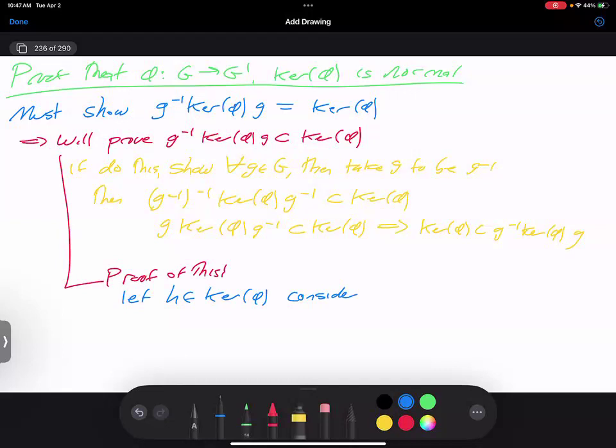Consider g inverse h g. Where do we have to show g inverse h g lives? So where do we want to show it lives? In the kernel. So what should we do to it?